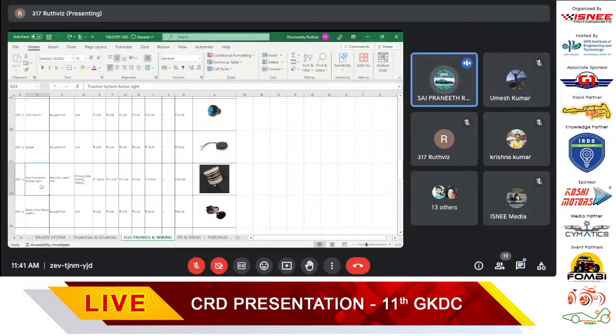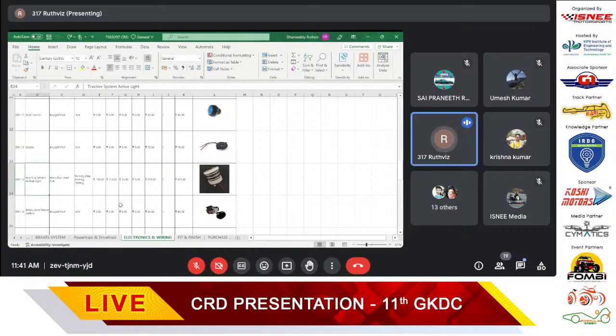Okay, let us discuss this TSL, tractive system active light you have manufactured, right? Yes, sir. Okay. Explain all the costs associated with it and the process associated with it. Explain that quickly.